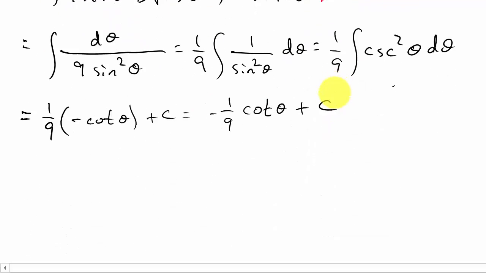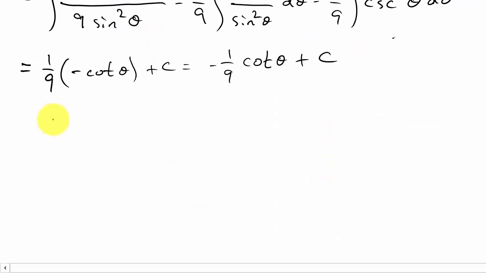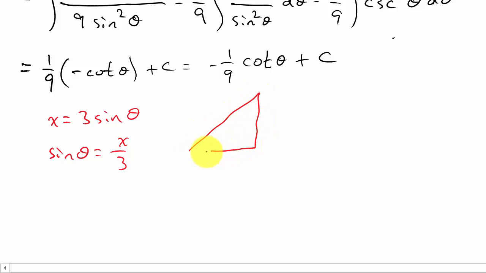So sine theta is equal to x over 3. Let's look at our triangle. This is theta, and remember, sine is opposite over hypotenuse.